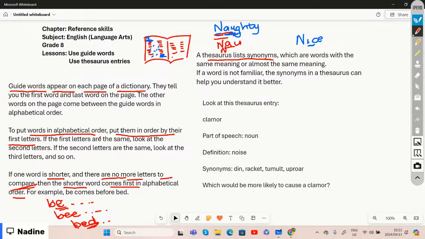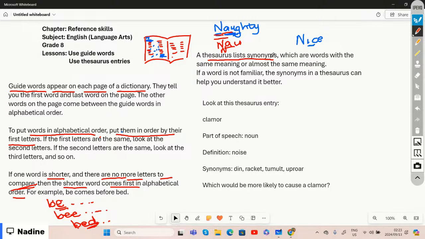Whereas within a thesaurus, because it mainly lists synonyms, and we said synonyms are words with the same meaning or almost the same meaning, they give the word, they give the part of speech, they give a small, brief definition of that word, and they give you a whole list of synonyms of that specific word.